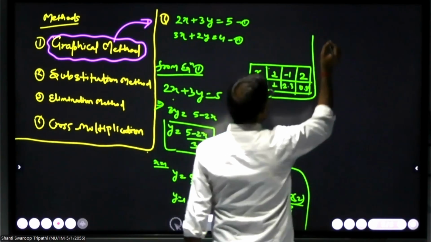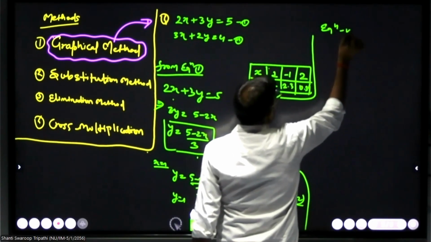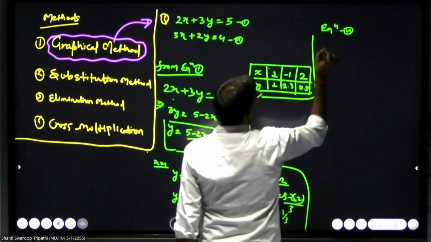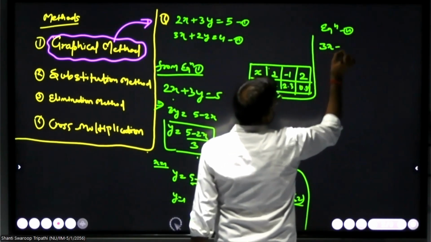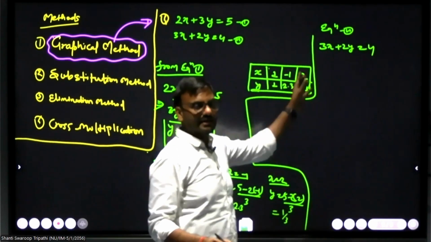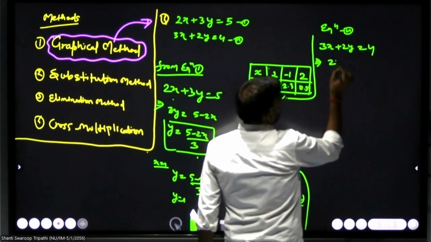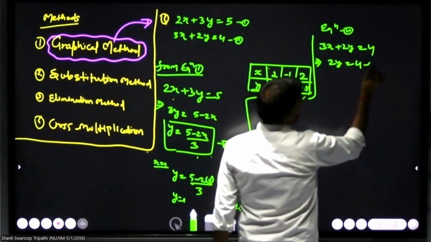For equation number 2, what is it? Equation number 2 is 3x plus 2y equal to 4. Similarly, we convert this into another form. That will be 2y is equal to 4 minus 3x.